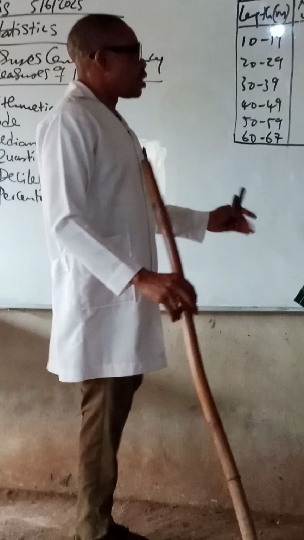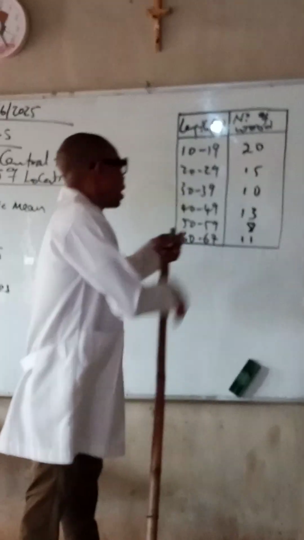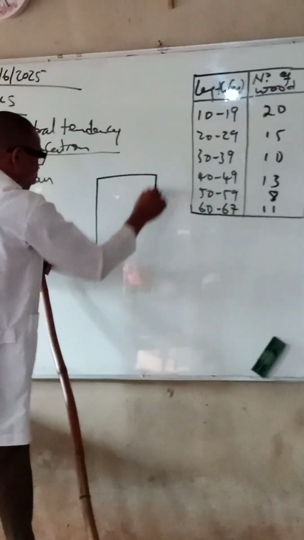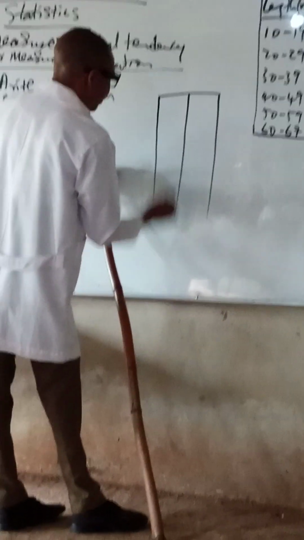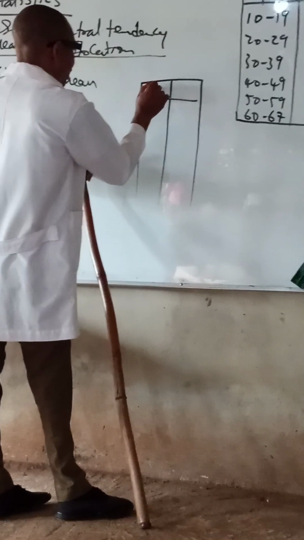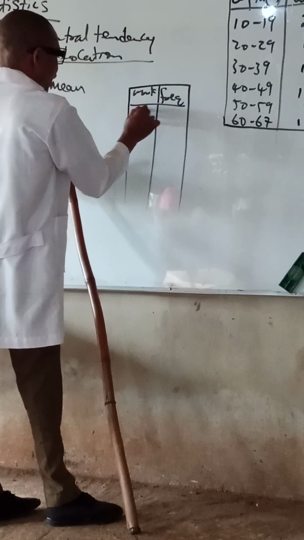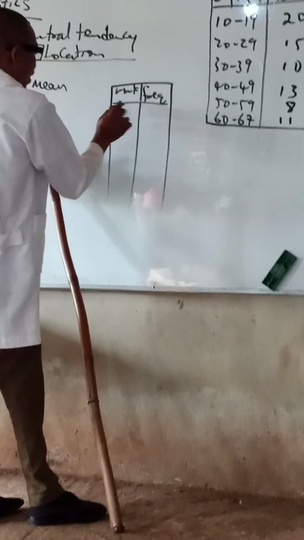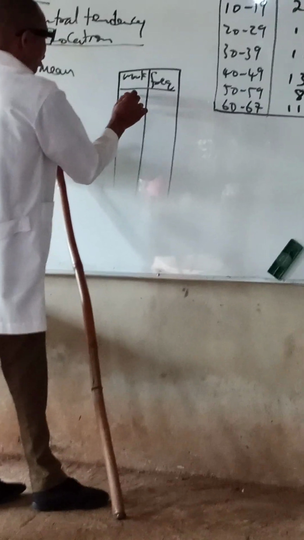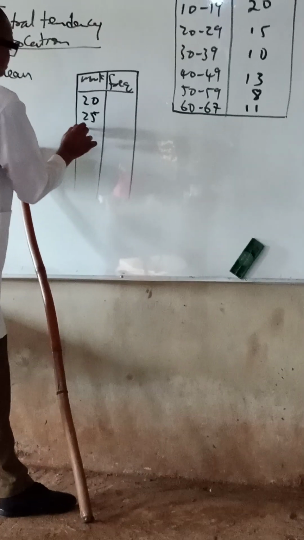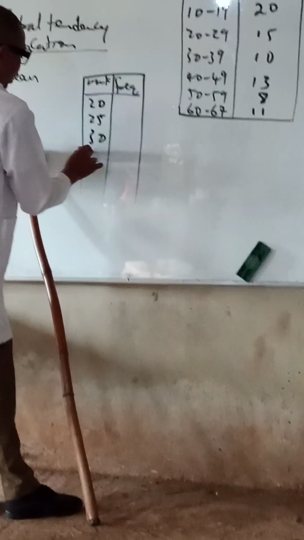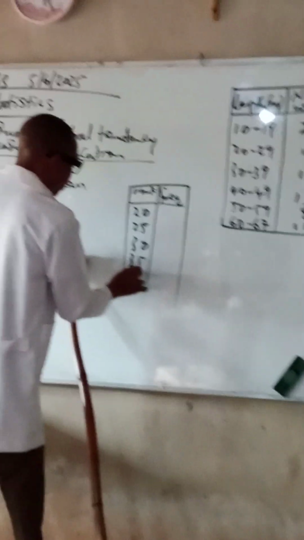In this case, the formula for calculating the arithmetic mean, for instance, this is the mark and the frequency, like the one I gave before. Let's assume we have 20, 25, 30, 35, 40.